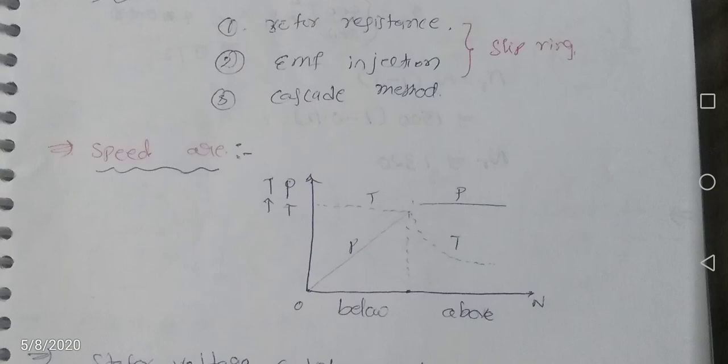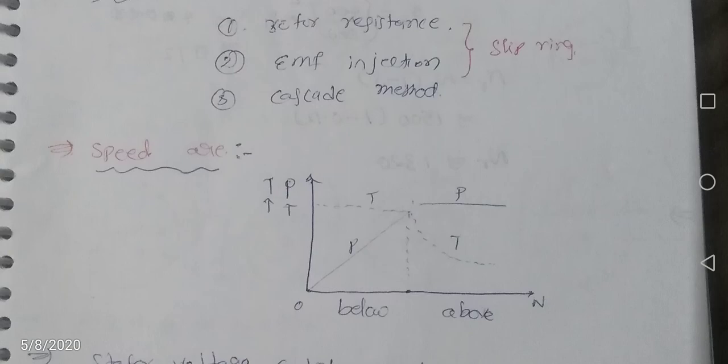And the EMF injection method is not suitable for squirrel cage induction machine because EMF cannot be injected in the rotor, because the rotor winding is not connected outside in a squirrel cage machine. The cascade method is possible for both machines, squirrel cage and slip ring induction machines.